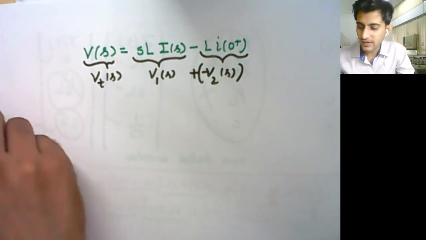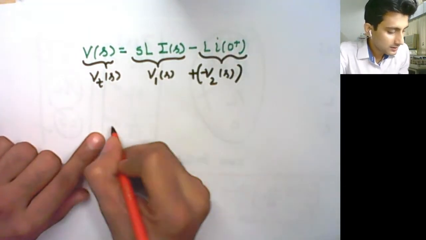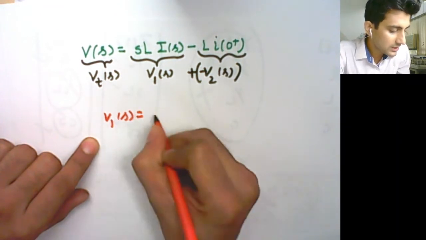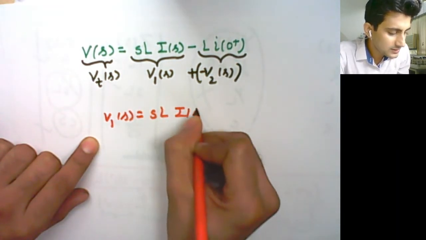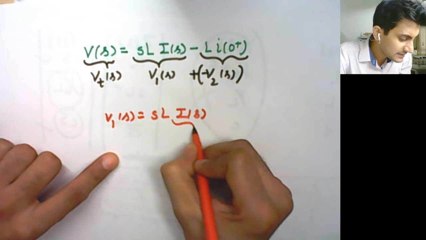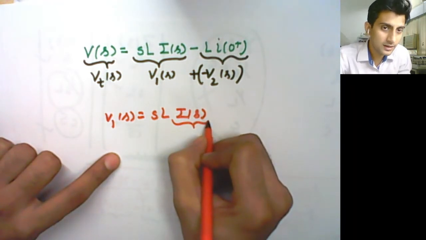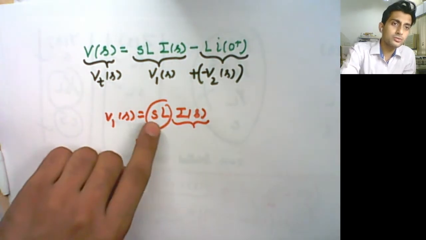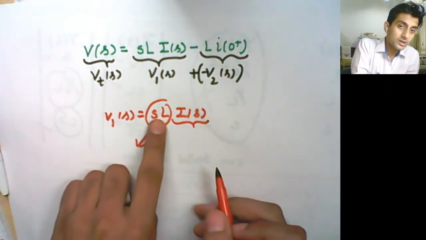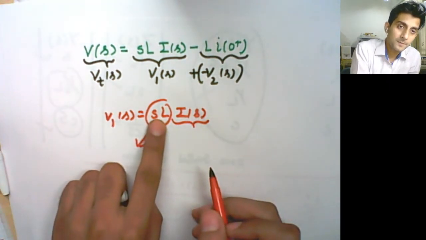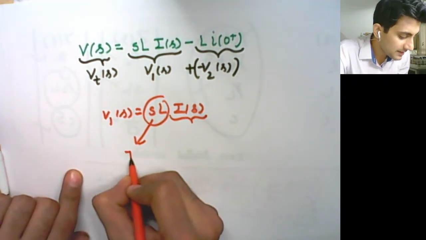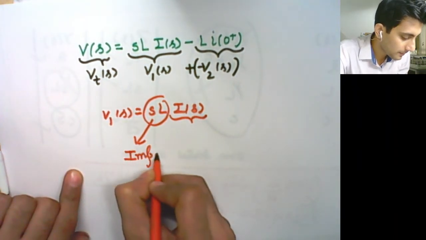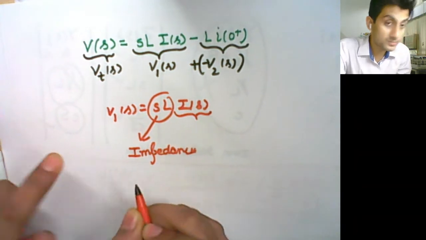And in it, it is very clear that V1 of S, which is nothing but LS times Is, has the unit of voltage over current. So what should its unit be in S domain? If we look at it in the form V is equals to IR, what should its unit be in S domain? Ohm. This should be impedance. In ohms, yes, exactly.